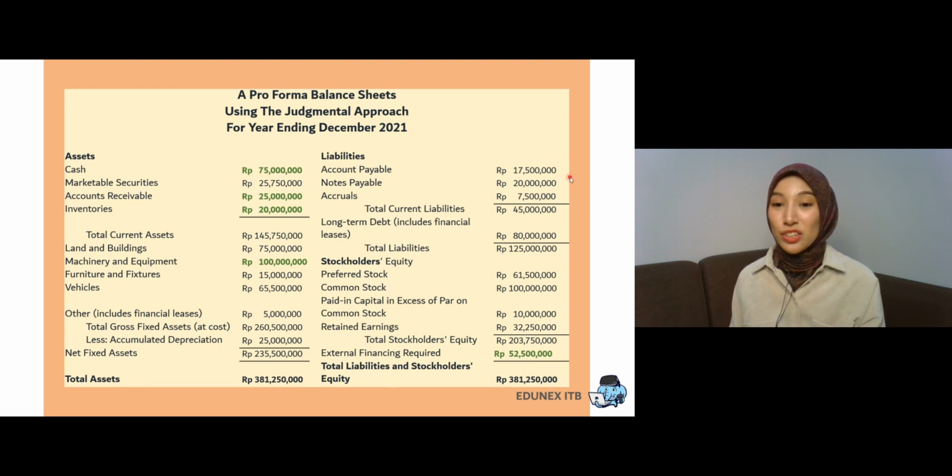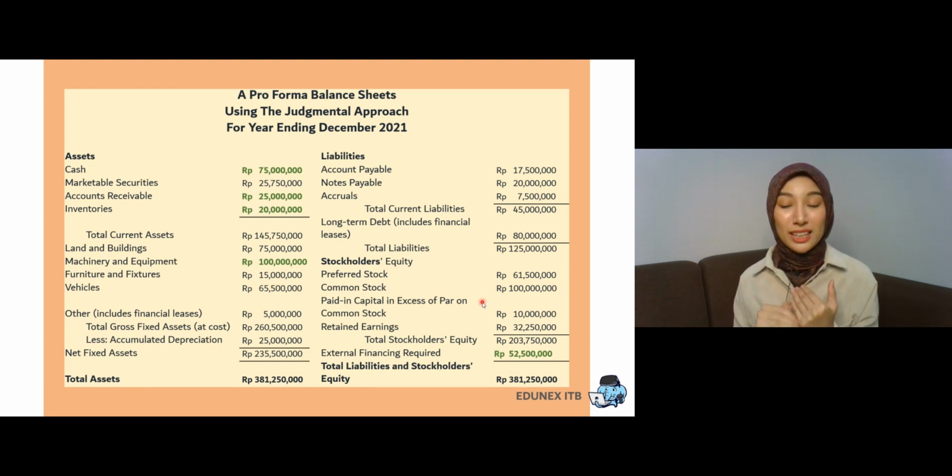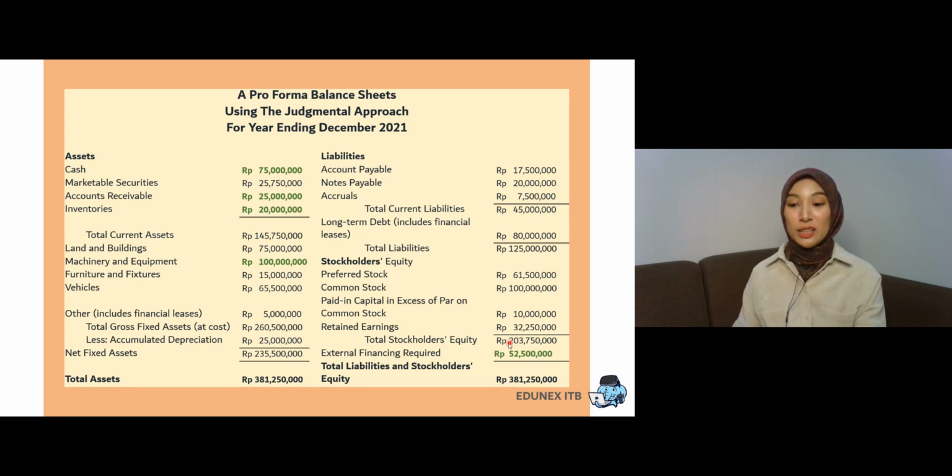If there are no changes in liabilities and equity, then the assets and the total liabilities and equity will not be balanced, right? So that is why we need to put the external financing required here in the equity. By that, the total assets equal the total liabilities and stockholders' equity.